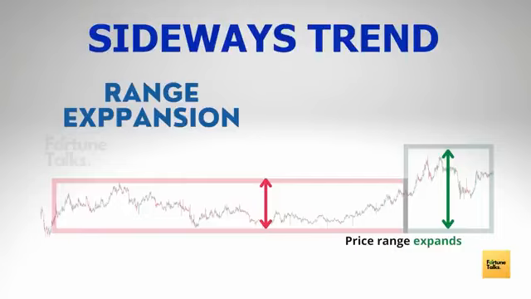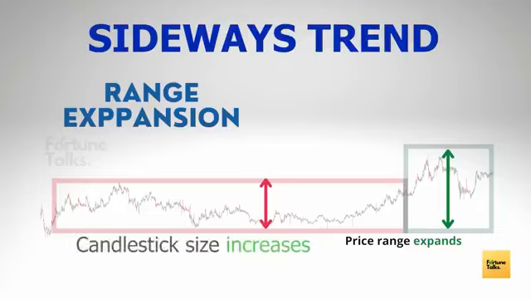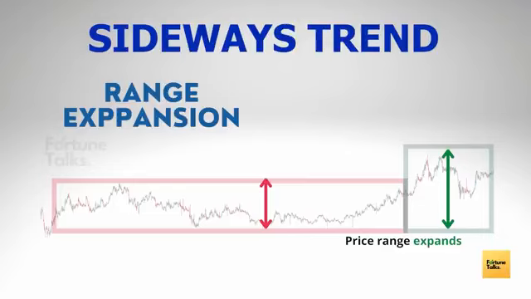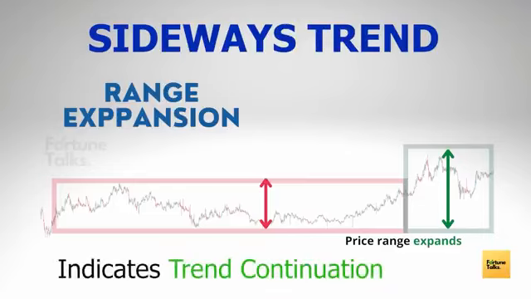During a range expansion, as the name suggests, the levels will expand and the price action starts becoming visible. So range expansion is associated with lengthening of the price bar, or the size of the candlesticks becomes larger, and the high and low range or the levels get wider. So range expansion usually indicates a continuation in the price pattern.